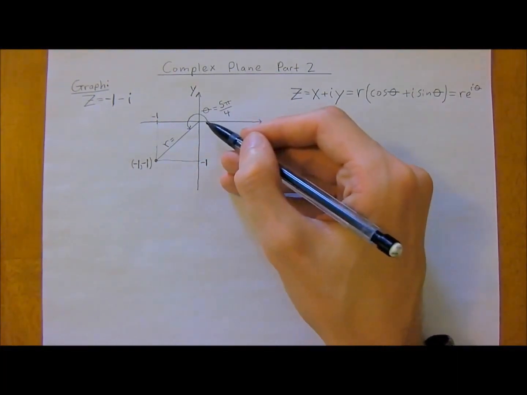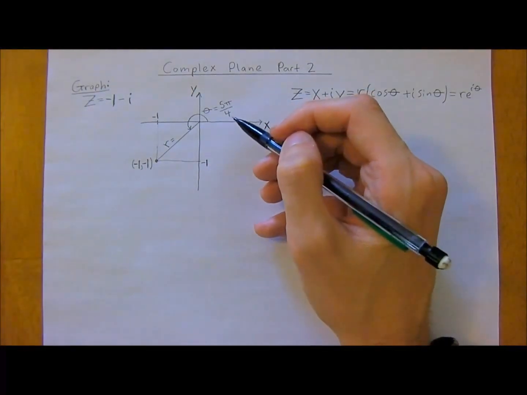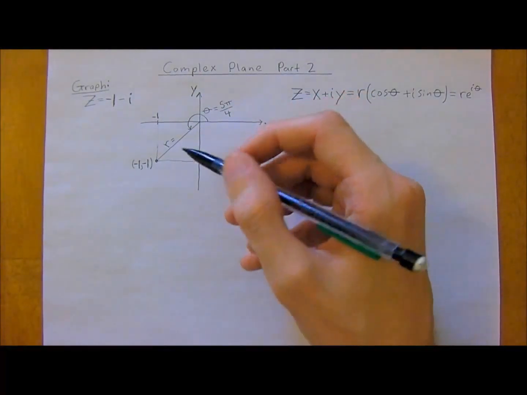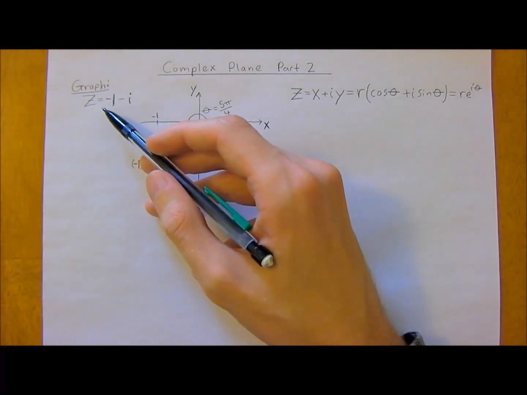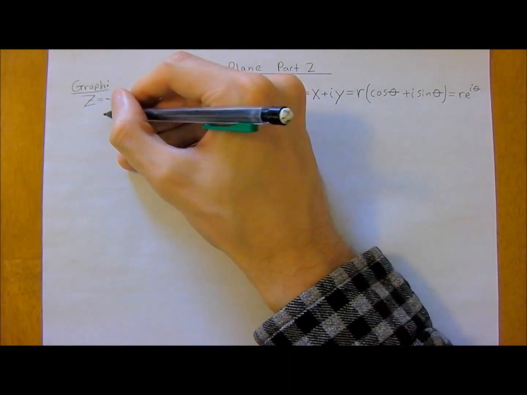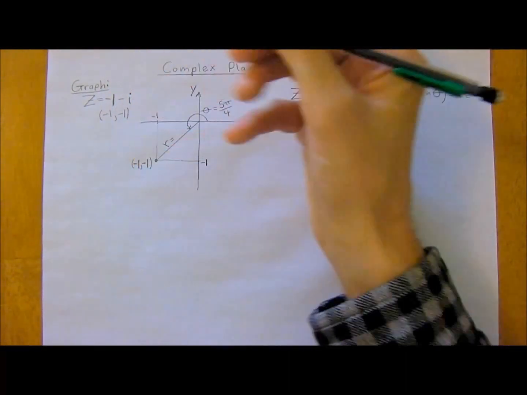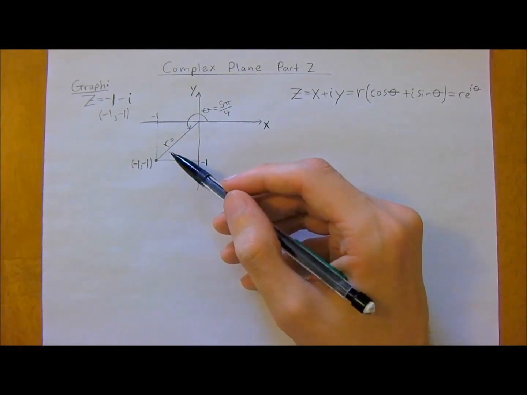So starting at this axis, you trace out, and that angle is 5 pi divided by 4. And so we're asked to graph z equals -1 - i, and this will correspond to the point (-1, -1), which is shown here.